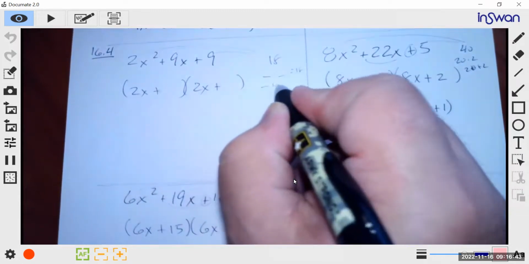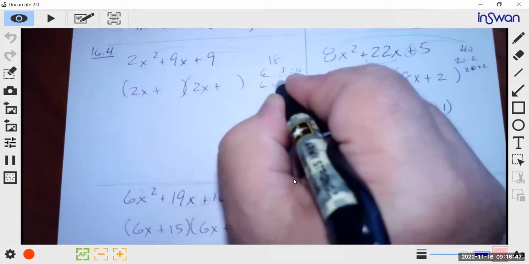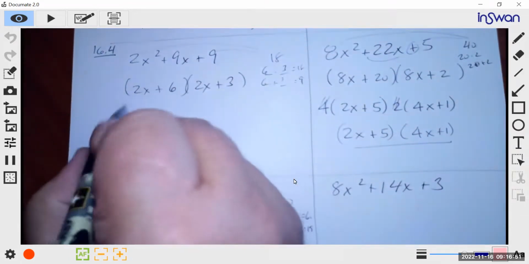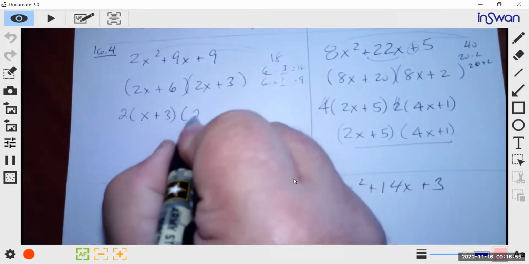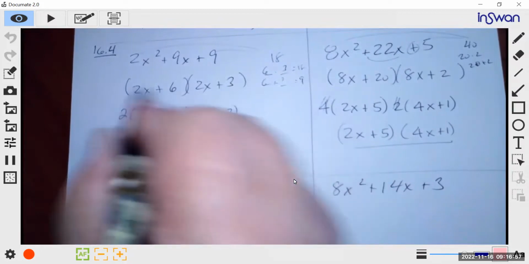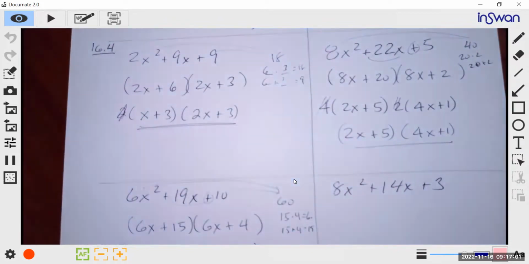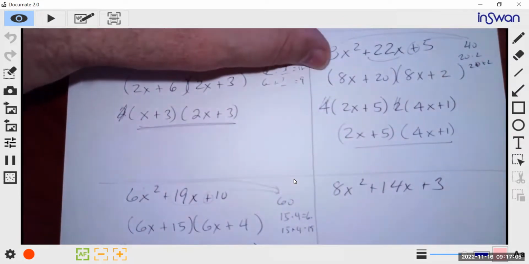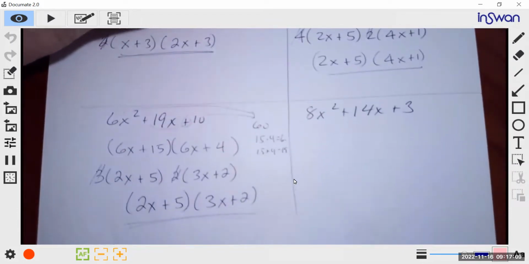When I add them, I get 9. 6 and 3, so the first one I can take out a 2. I can't touch the second one. So there's my factor. And the last one.